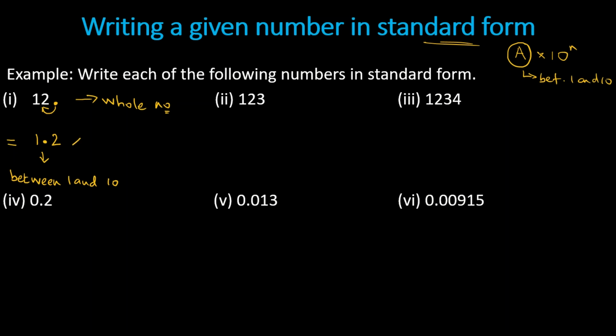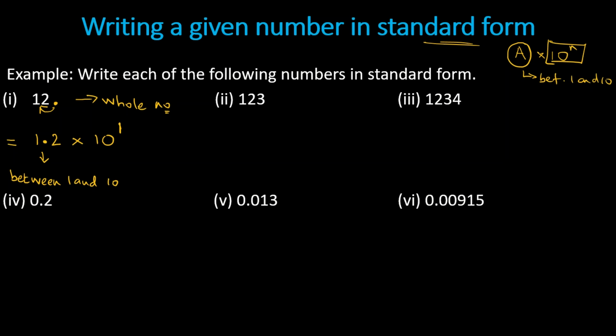Then what do we do? We include times. Since standard form contains base 10, you have to write down times 10. Now, 10 to the power of what? How many places have we moved the decimal point? We have moved the decimal point by only one decimal place, yes or no? Of course, yes. So it becomes 10 to the power of 1.